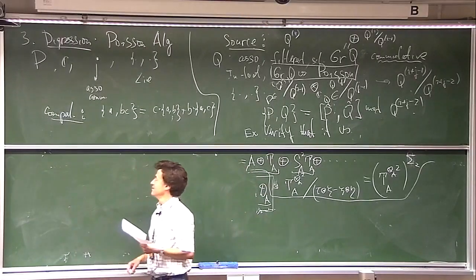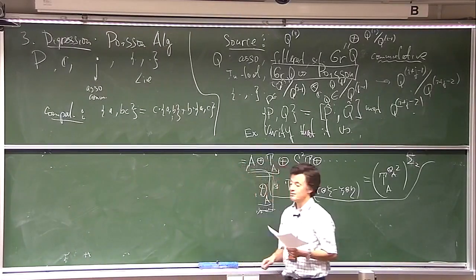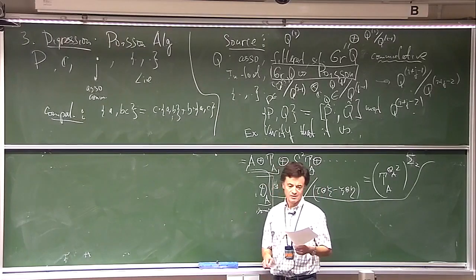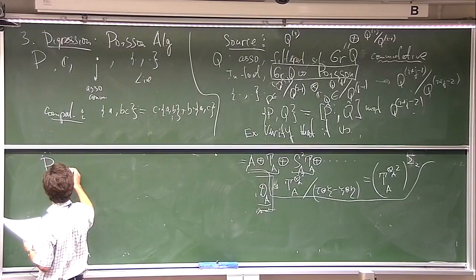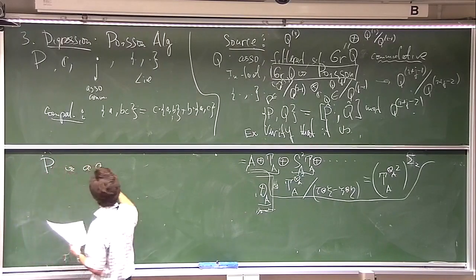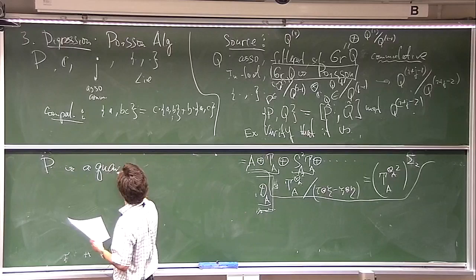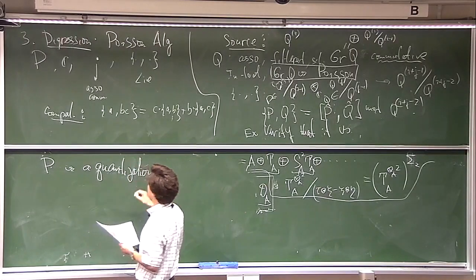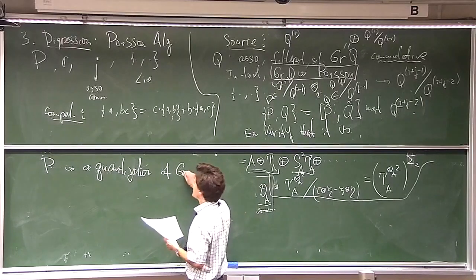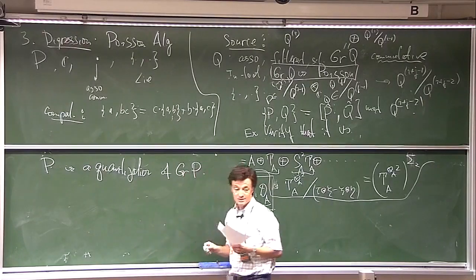A somewhat demagoguery-sounding statement is as follows. In this situation, P is called a quantization of the graded object.